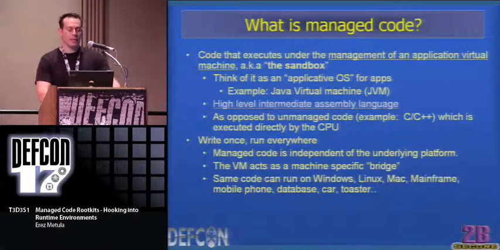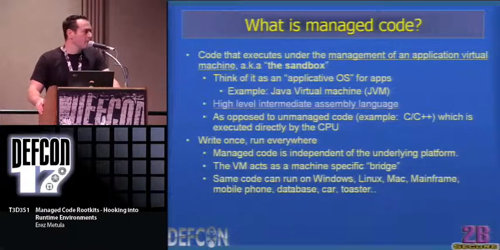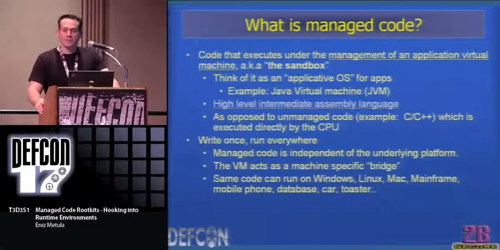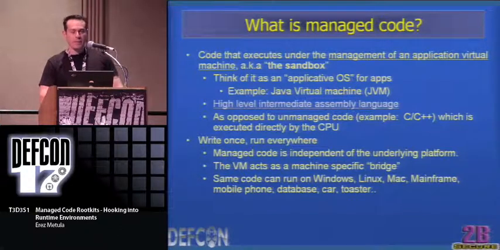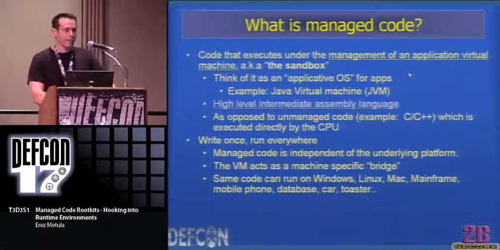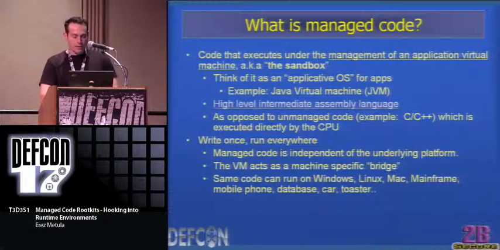So if I'm having an executable, and sorry guys about my graphics, I suck at graphics. But what I wanted to show you here is that the same executable can be run under different platforms. So we have a Windows machine and a Linux machine and a Mac and mainframe, etc. But for each machine, there is a specific virtual machine.